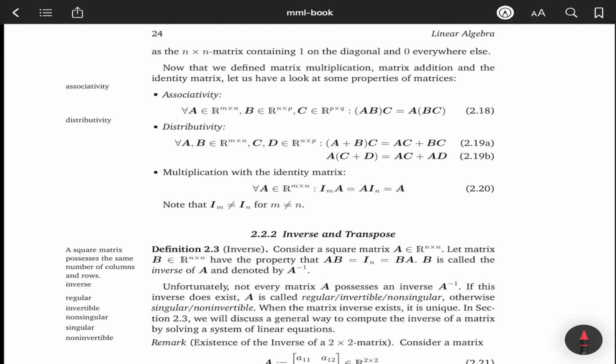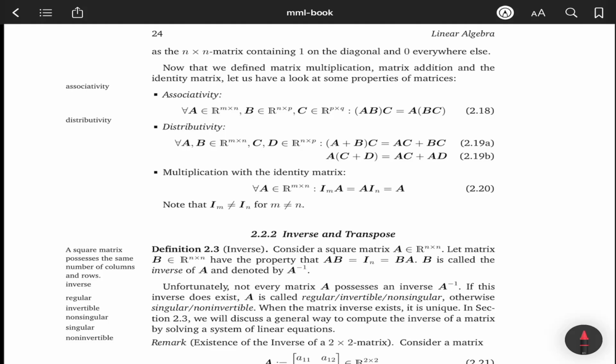So it contains a 1 on the diagonal and 0 everywhere else. Now that we defined matrix multiplication, matrix addition, and the identity matrix, let us have a look at some properties of matrices.